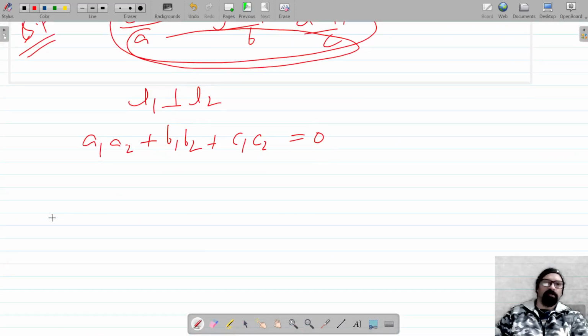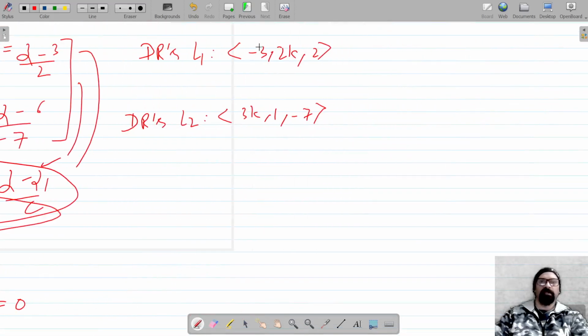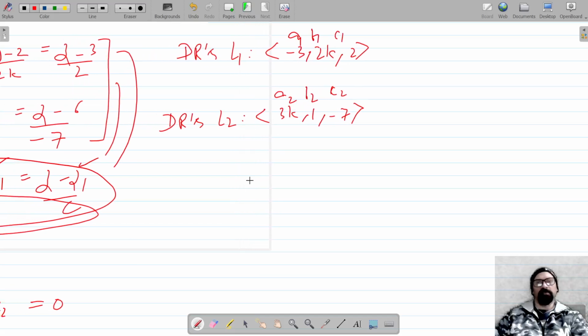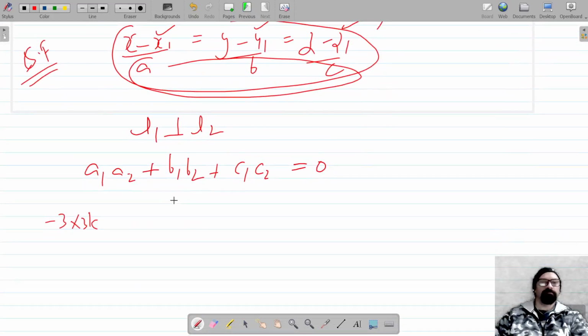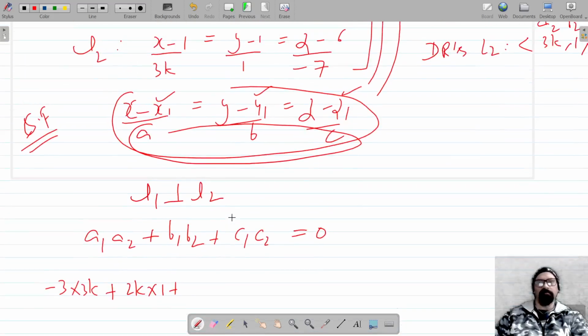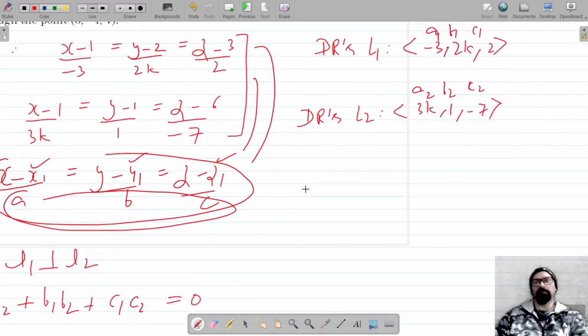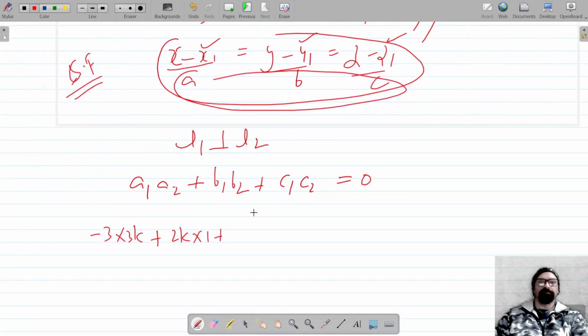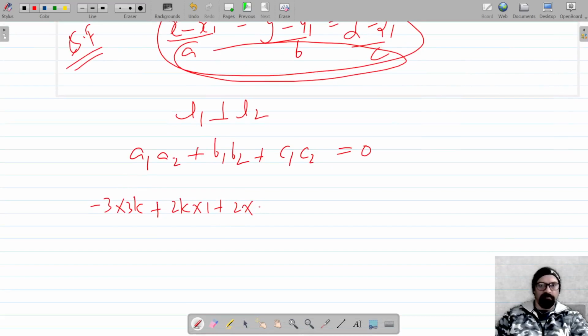Let's put in the values. These are a1, b1, c1, and these are a2, b2, c2, the direction ratios. So -3 into 3k plus 2k into 1 plus c1 into c2, which is 2 into negative 7.